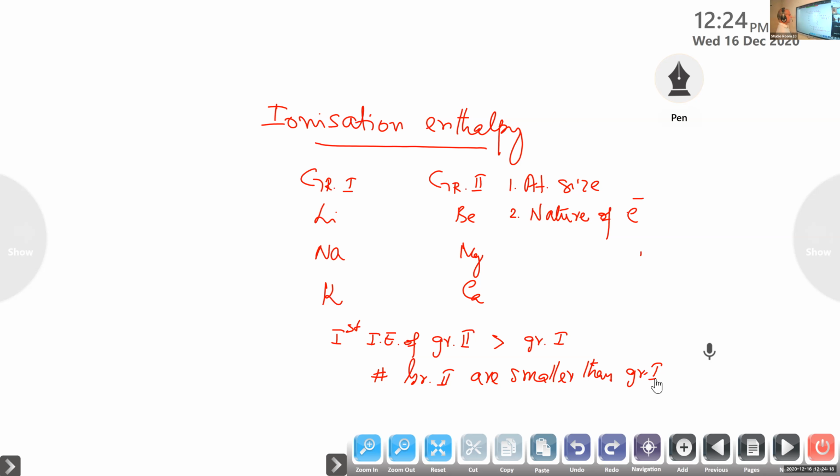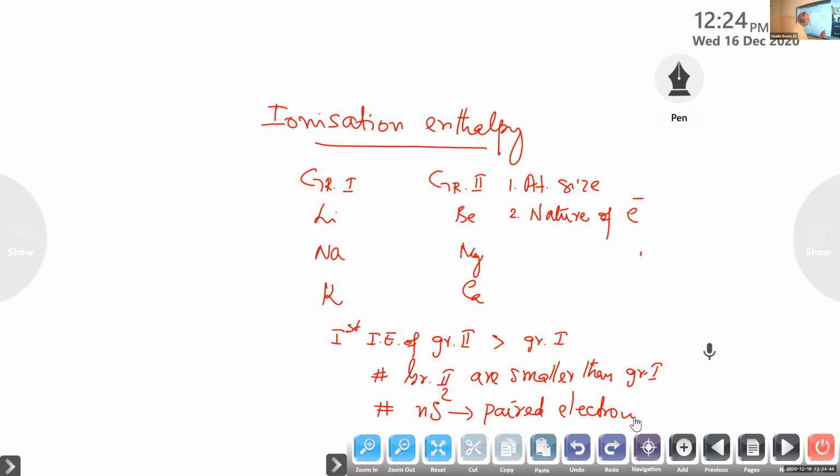Second, in group 1, there is an ns1 configuration. But in group 2, there is an ns2 configuration in the outermost level. The s2 electrons are paired electrons.